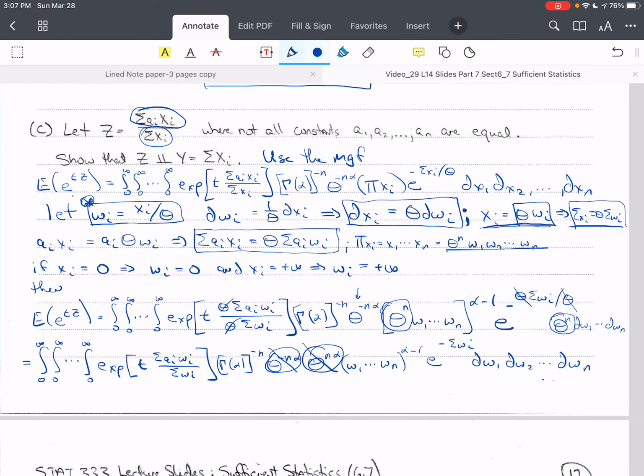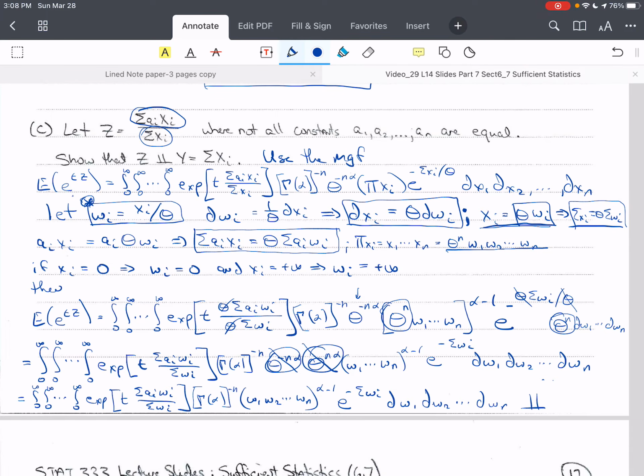And so this is equal to 0 to infinity, 0 to infinity, 0 to infinity, exp to the t sum of ai wi over sum of wi, gamma of alpha to the negative n, w1 times w2 times ... wn to the alpha minus 1, e to the negative sum of wi, dw1 dw2 ... dwn, okay, which is independent of theta.